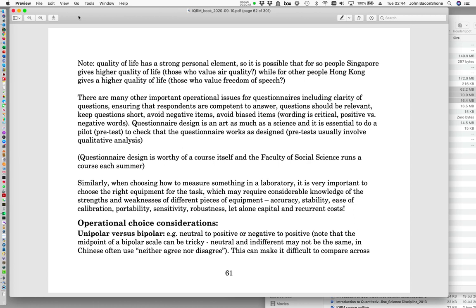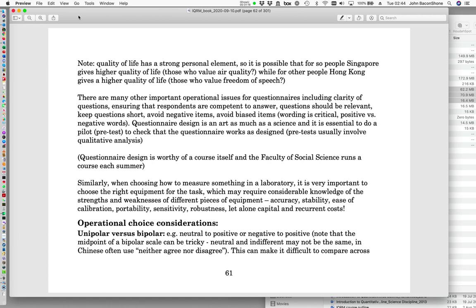So indeed, the reason why this particular set are quite difficult is because we're essentially talking about quality of life. And quality of life has a very strong personal element. Indeed, you could argue that that's why some people choose to live in Singapore and some people choose to live in Hong Kong. Even if everybody had a free choice between the two, many people may not choose to move because maybe they like the place where they're living.